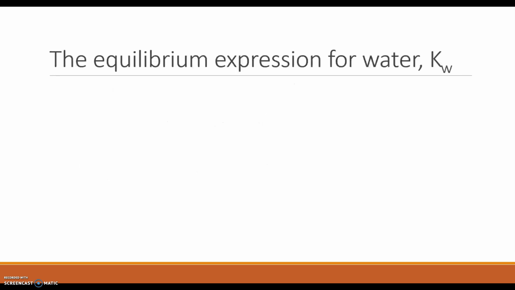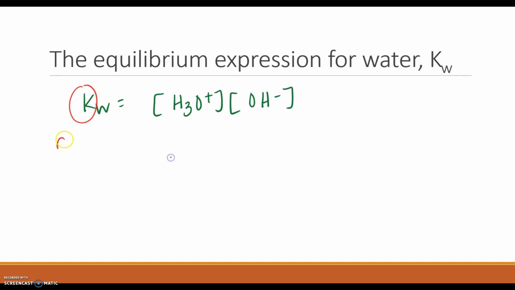And we can come up with something called the equilibrium expression for water. What Kw says is this formula: it's the concentration of hydronium ions times the concentration of hydroxide ions. And in chemistry, when we have a K, that means it's a constant.